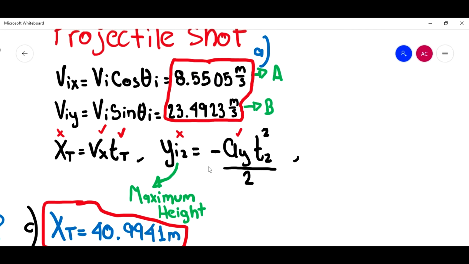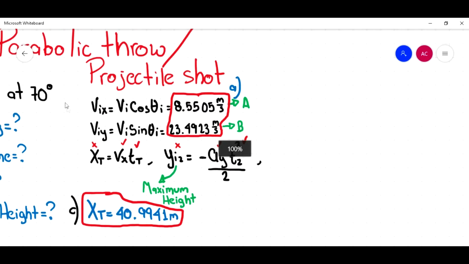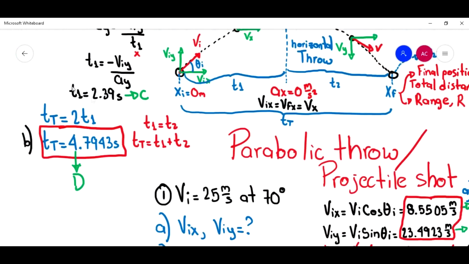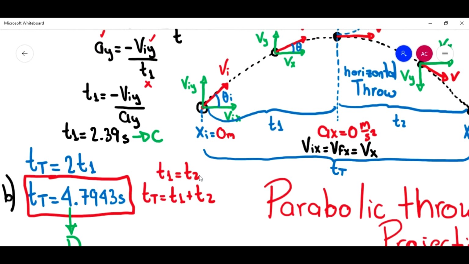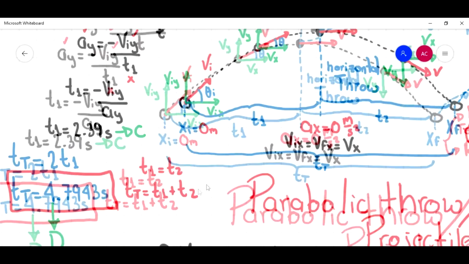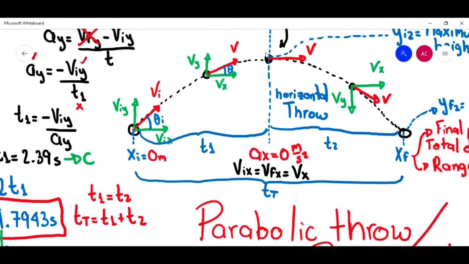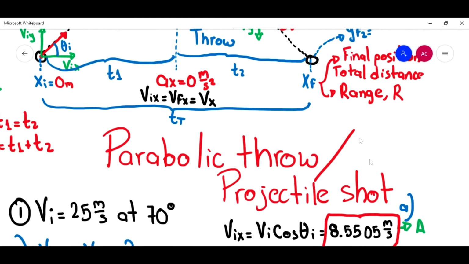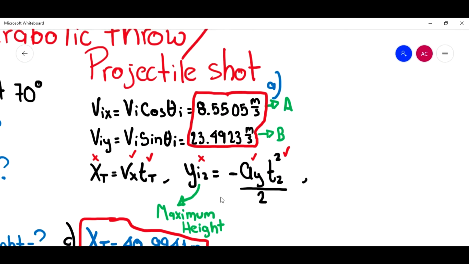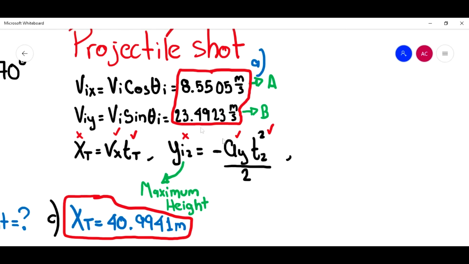You can say, no, we don't have time 2, we got time 1. Yes, but remember that time 1 equals time 2. So time 2 is the time that takes the object from maximum height to reach the initial height. So with this equation, I can find the maximum height.